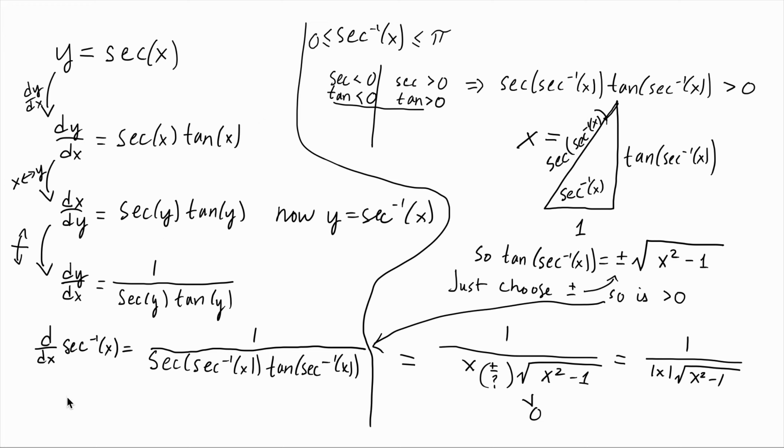And if you look at the graph of secant as you go from 0 to pi, it looks something like this, and then something like that, roughly.